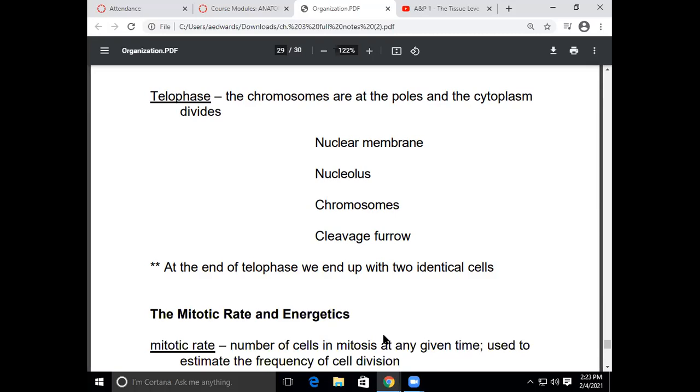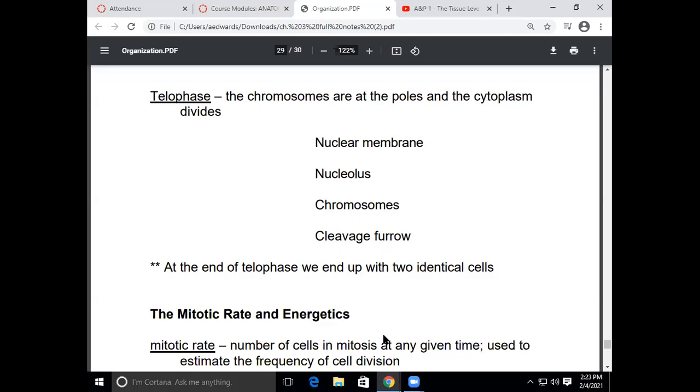And then on the edge of the cell membrane, you get a cleavage furrow. This is the cleavage furrow. So now DNA is no longer in chromosome form, and you have the DNA spread out in the nucleus.